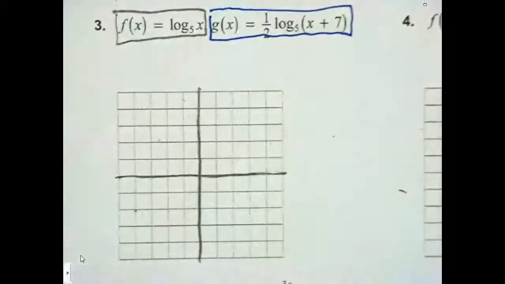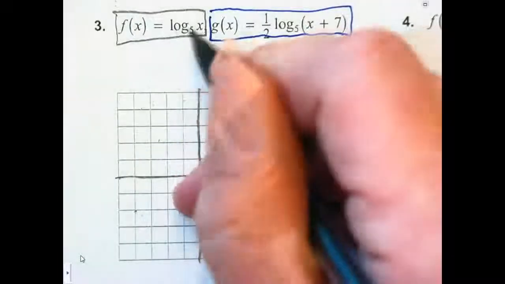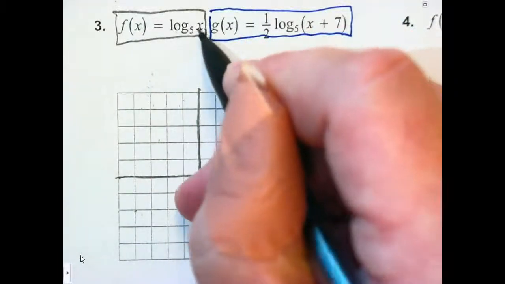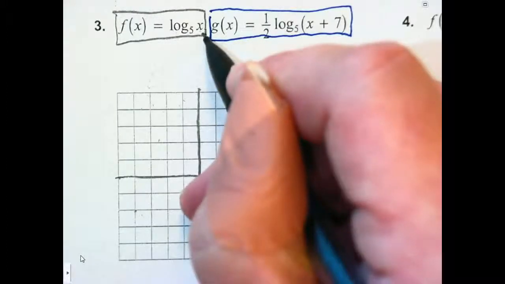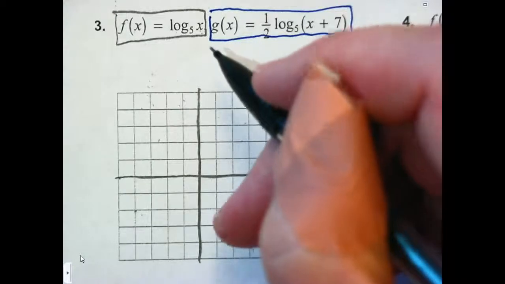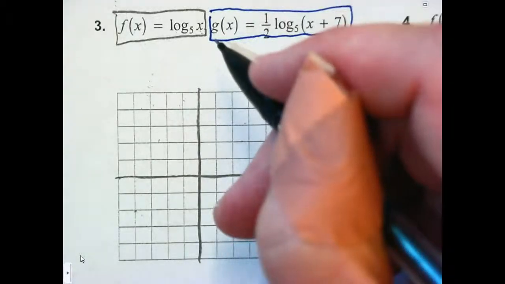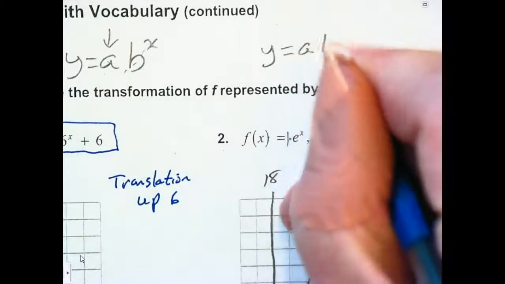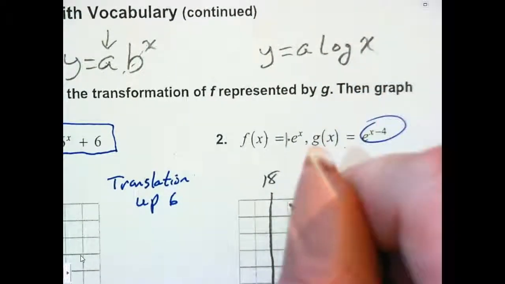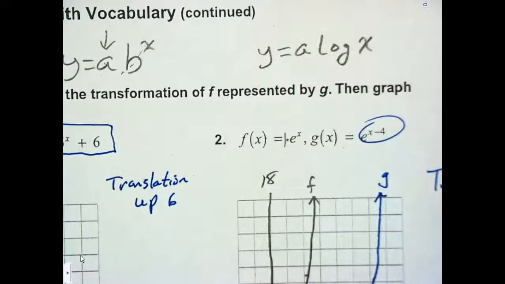Okay, so log base 5 of x. Let's think back once again in here. If I'm looking at this, and I put 0 in for x, what's my output? Okay, so let's go to this form. Y equals a log x. Okay, just the basic format. A log x.